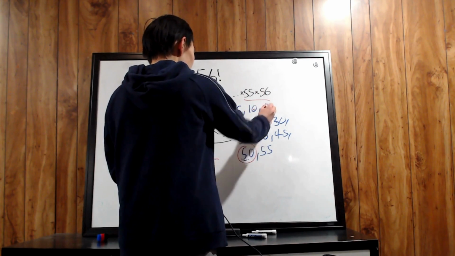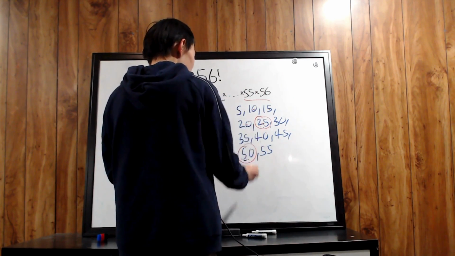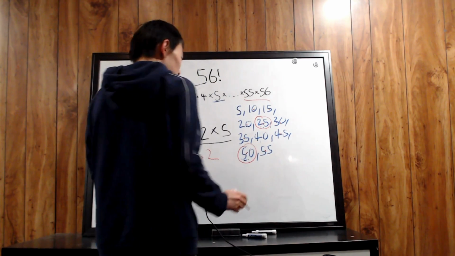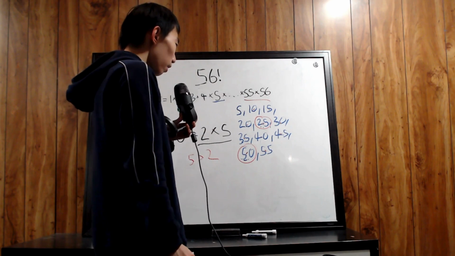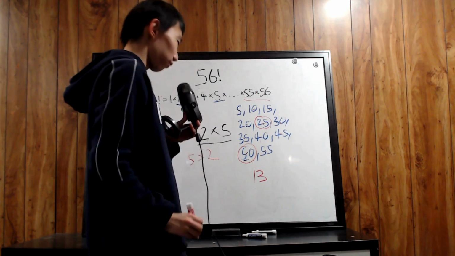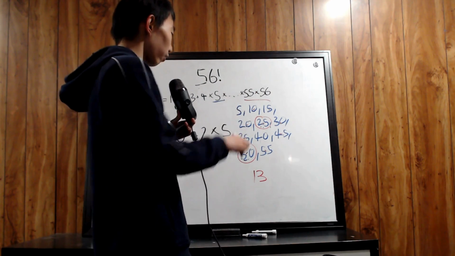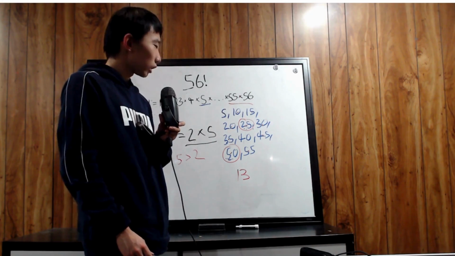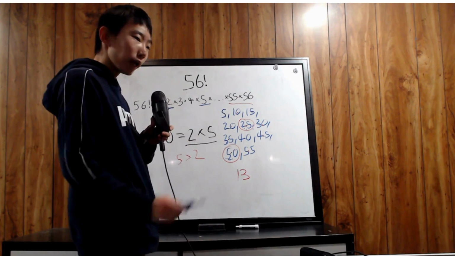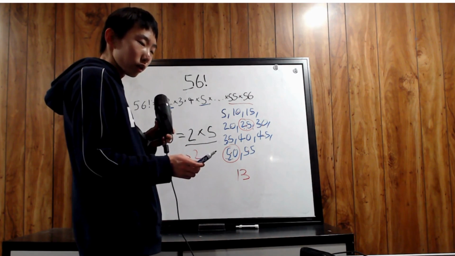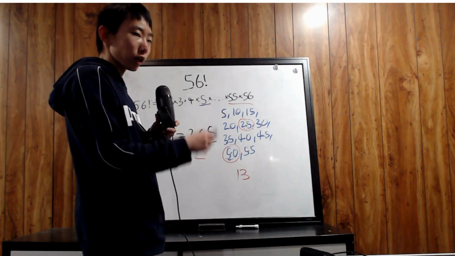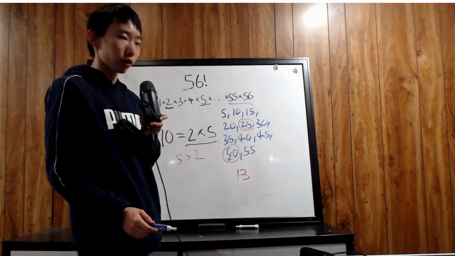Here we go. 1, 2, 3, 4, 5, 6, 7, 8, 9, 10, 11, 12, 13. So therefore, we know that there are 13 factors of 5 in 56 factorial. Since there are 13 factors of 5, there will be enough factors of 2 to make a pair of 2 and 5. So there must be 13 pairs of 2 and 5 in 56 factorial.